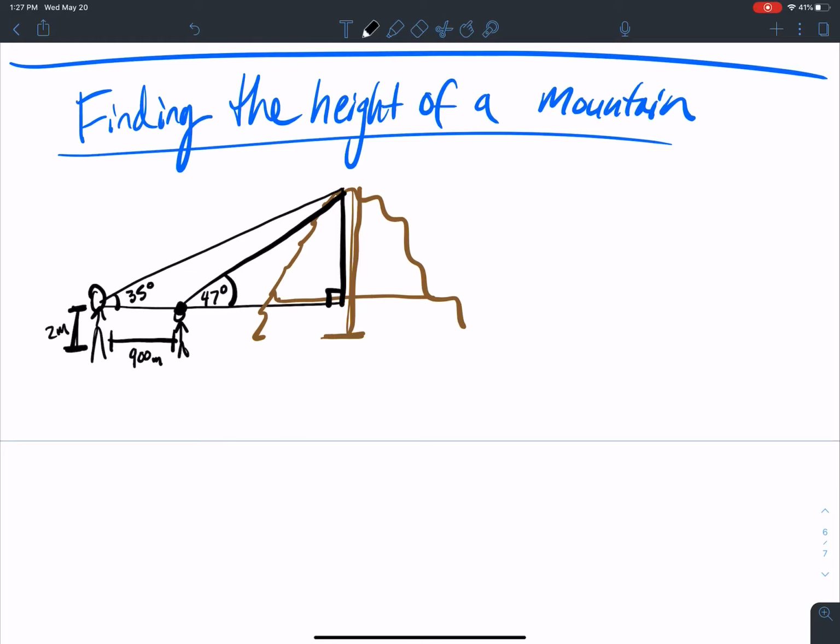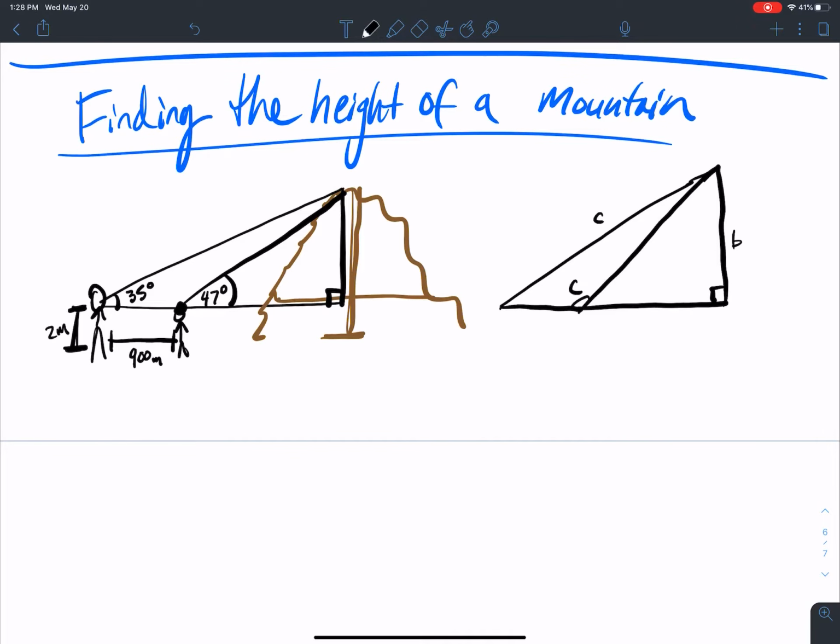Well, break down my triangle here. Okay, this is a right angle. So let's call this side B. Let's call this little c.